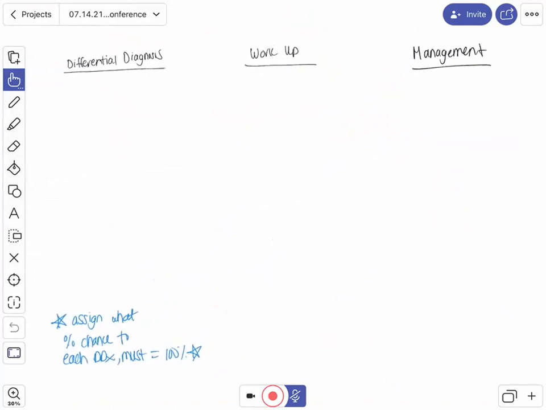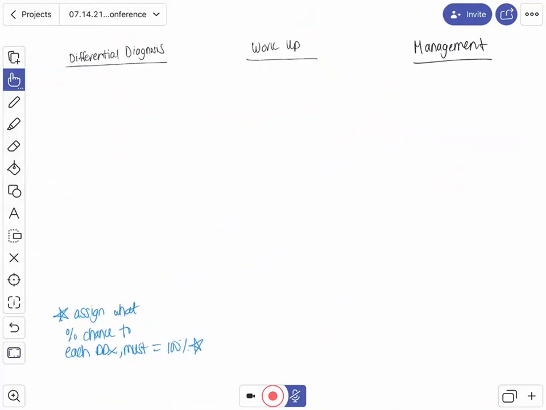Talk us through what your differential diagnosis was for this patient, and give me the specific breakdowns for each of your diagnoses.